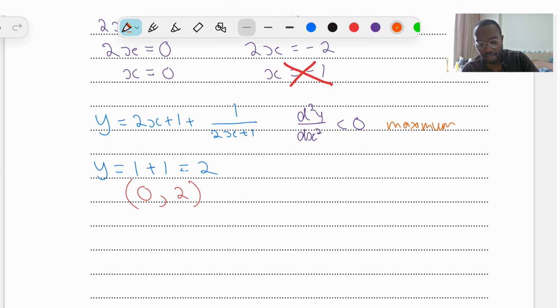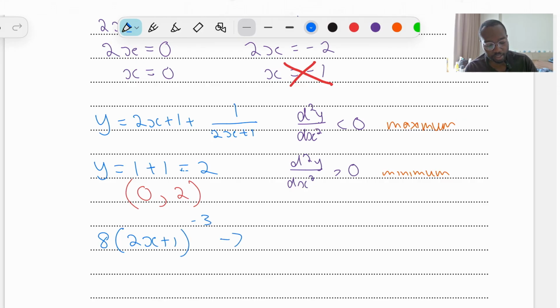And if d squared y over dx squared is greater than 0 at that stationary point, then it would be considered a minimum. So all we need to do is find our d squared y over dx squared. We know from the previous question that it is 8 times (2x plus 1) to the minus 3.